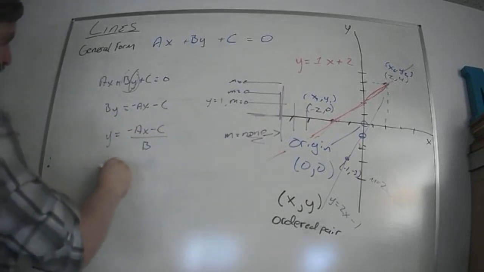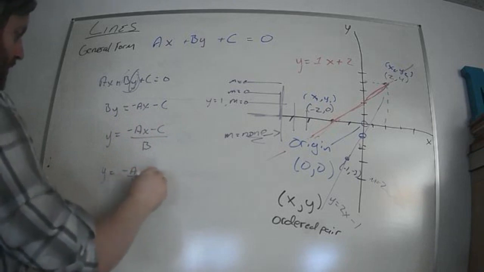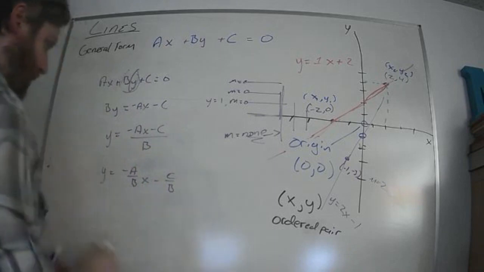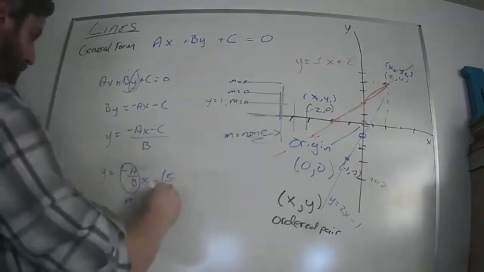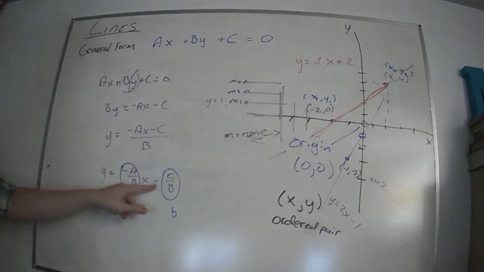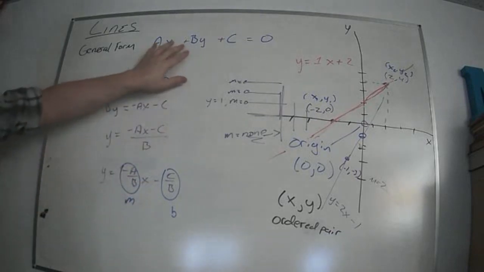Or, as you can see in the book, usually it will say minus a over b x minus c over b, where this is m and this is b, the y-intercept. Now we can change the signs. Does this book do that? No. Okay. So this is similar to y equals mx plus b form. Say if there's a minus sign here, and these are negative, but that's just an artifact of this setup.